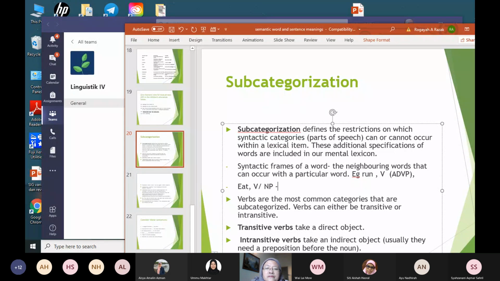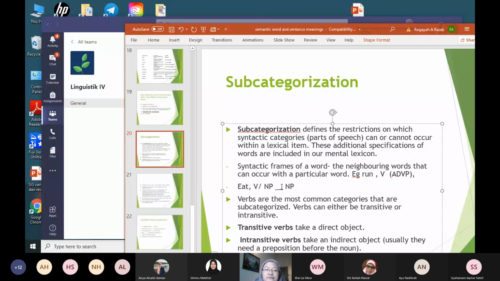The verb occurs there, and then you have a noun phrase. So this is a subcat. Of course, when we draw it hierarchically, we will see the brackets. But in simple terms, this is what it means.